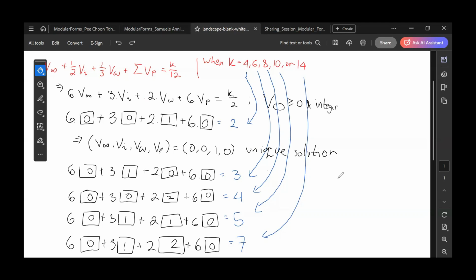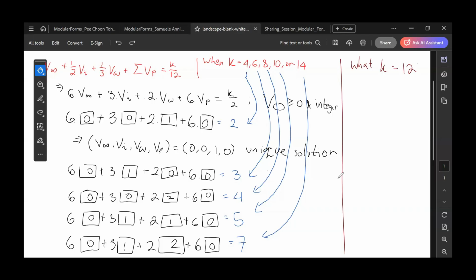So what happens if k is equal to 12, like I asked before, why is 12 skipped? Is 12 different? Let's see.